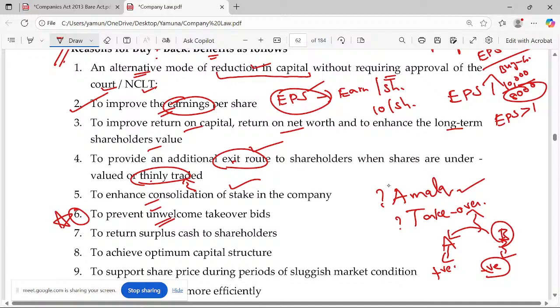But amalgamation is not like that. So we have amalgamation, we have merger, we have takeovers. These are conceptually looking the same, but logically totally different. So there is company B, and A is a rival company planning to take over B. Most probably it takes over from the secondary market.